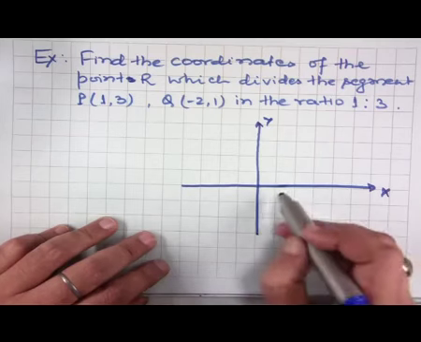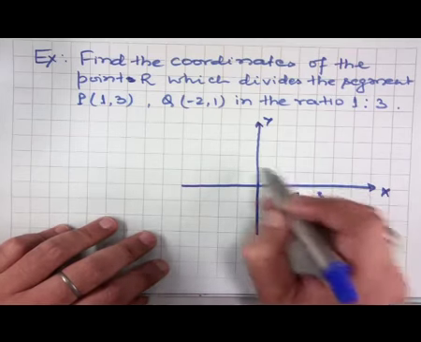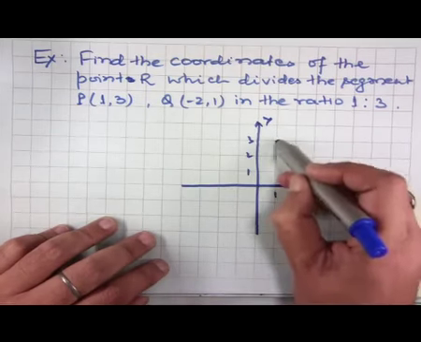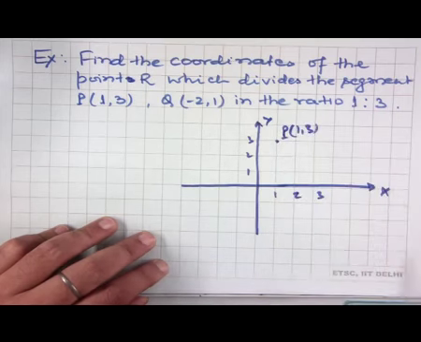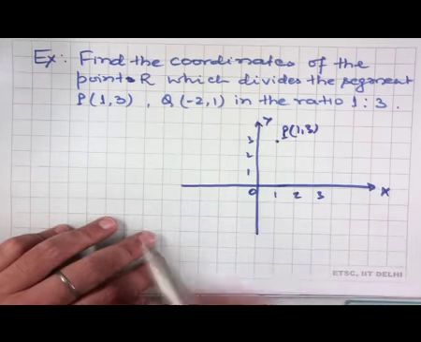This point is P(1, 3), this is the origin, and this is Q(minus 2, 1).